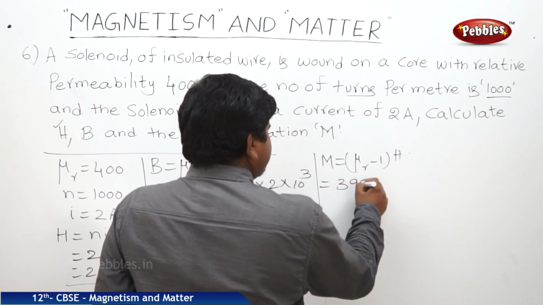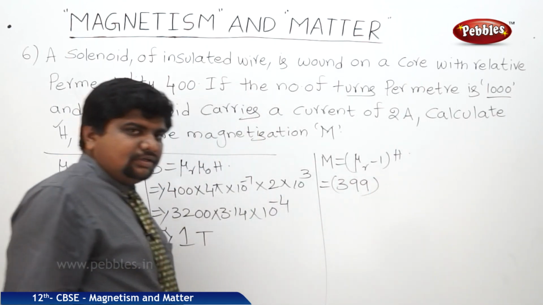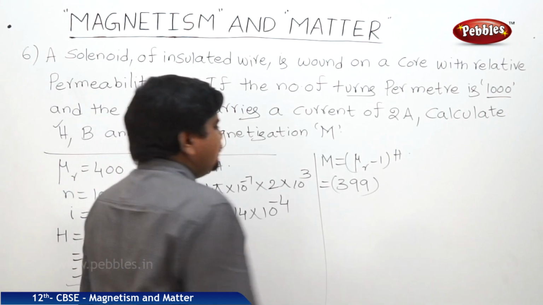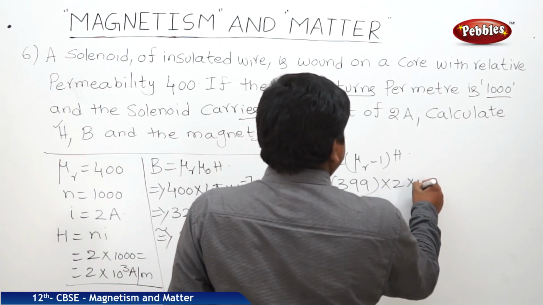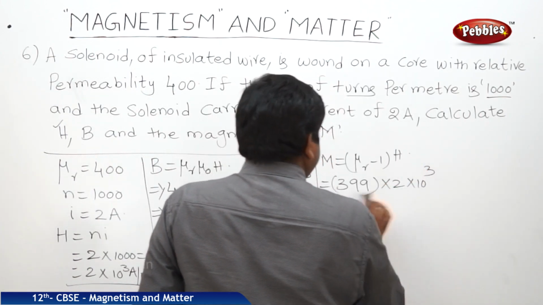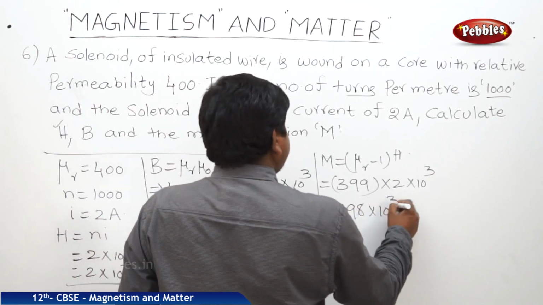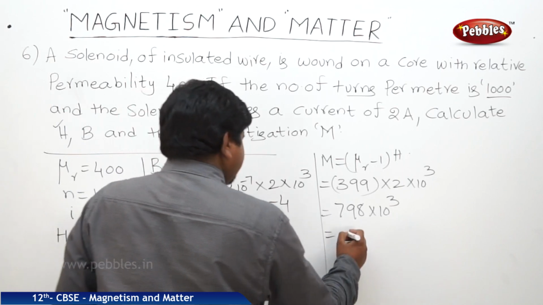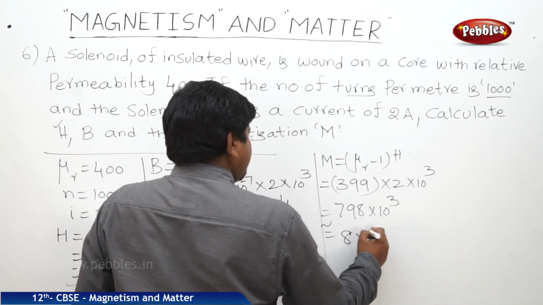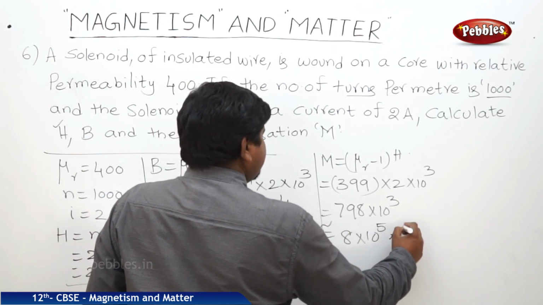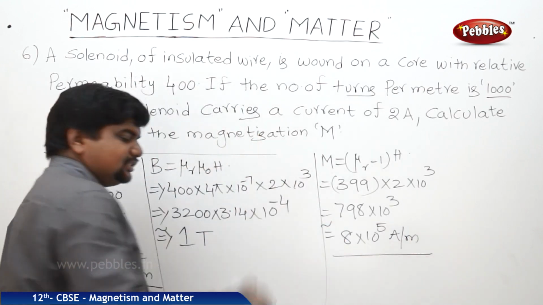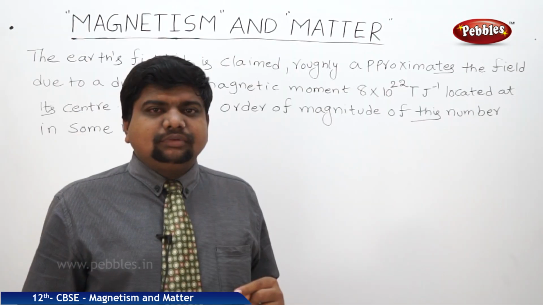So 399, because mu r is 400, 400 minus 1 is 399, H is equal to 2 into 10 cube. 399 into 2, 798 into 10 cube. Approximately we will get 8 into 10 to the power of 5 A by m. Like this we can derive the values.